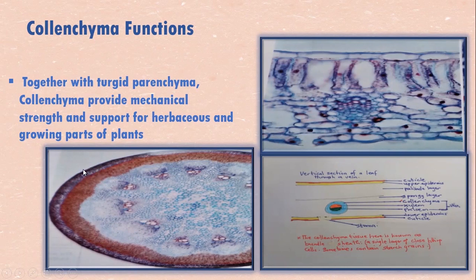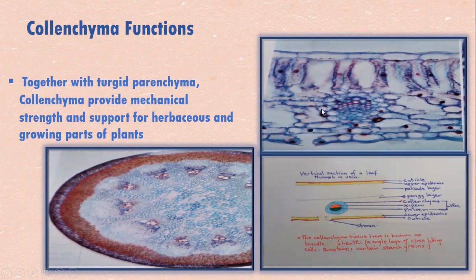So the epidermis is here, and collenchyma is here. And here is parenchyma. Here is sclerenchyma. Of course, they stain red. All right, good. So that is very close under the epidermis in growing plants, that's herbaceous plants.